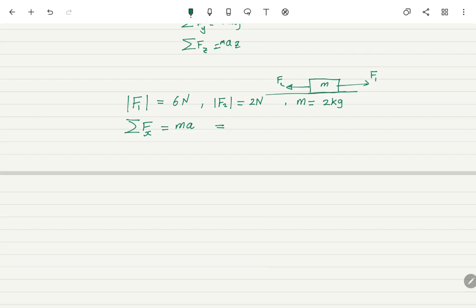In other words, 6 minus 2 equals 2a, so the acceleration equals 2 meters per second squared. Remember, this is 6 to the right and this is 2 to the left.